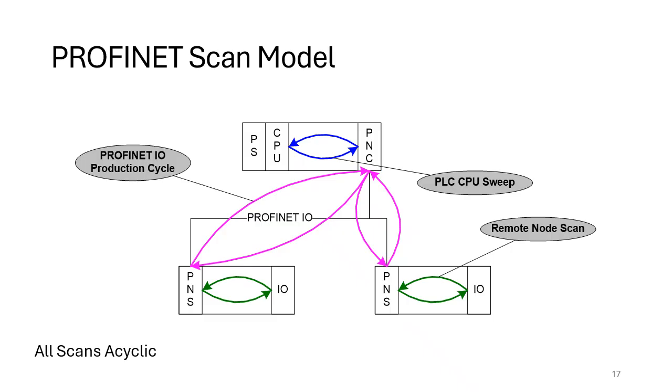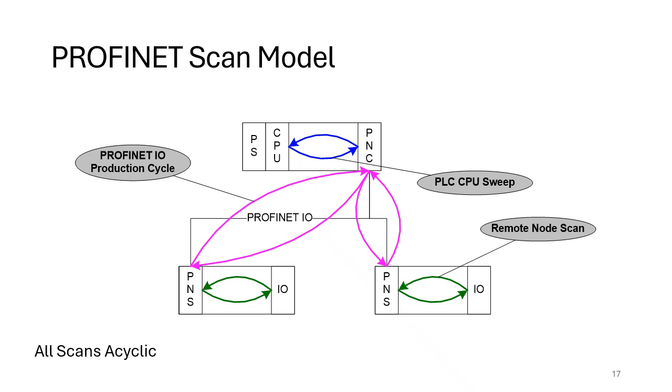You've then got the PROFINET IO production cycle. So this is where the PROFINET controller sends data to the IO. And what will typically happen there is the PROFINET controller is sending data to what's called the PROFINET scanner, which is the IO device's PROFINET connection. And then if you've got a PROFINET device, it may well have its own backplane scan, which is independent of all of these other scans.